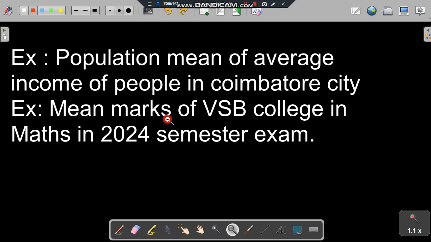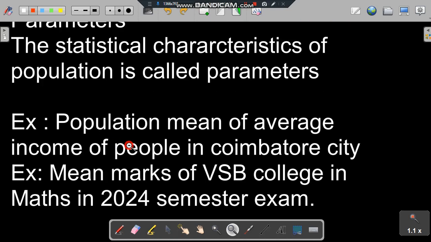Now this mean marks in maths is one characteristic of the population VSB college, and this is also a good example for parameters.